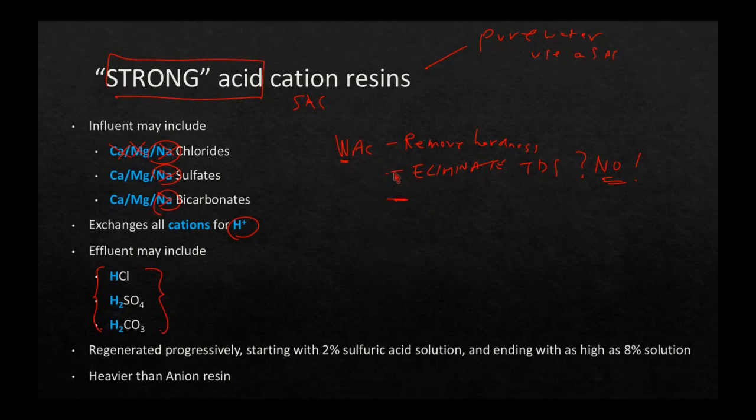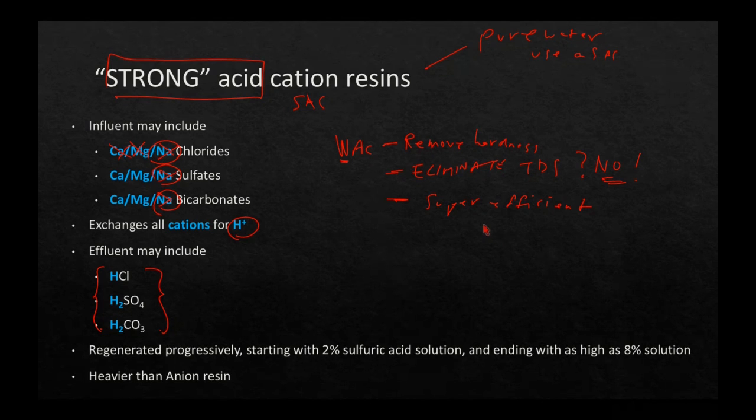Then the other thing that the WAC will do, which really makes it cool, is it is super efficient. And by super efficient, what I mean is that if you put a kilogram of regenerant material into it, it'll exchange a kilogram of ions.